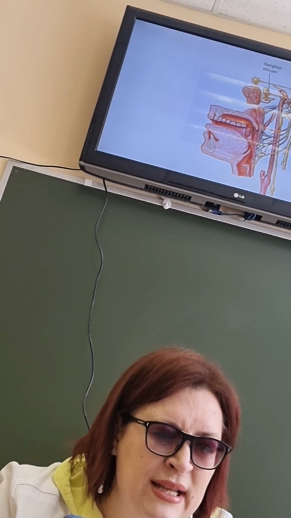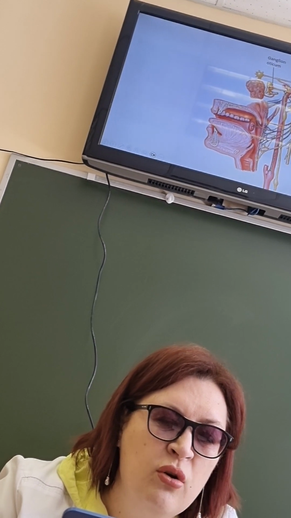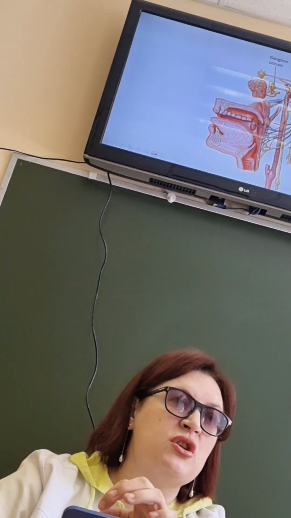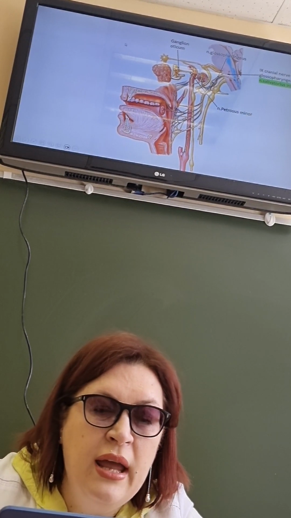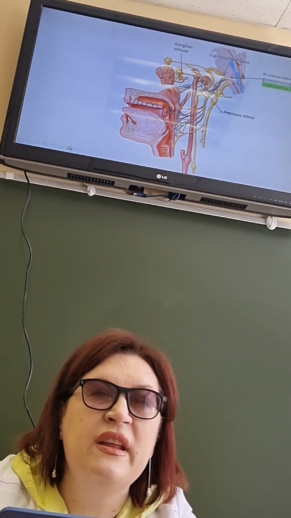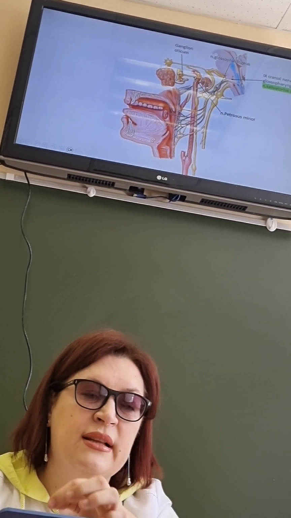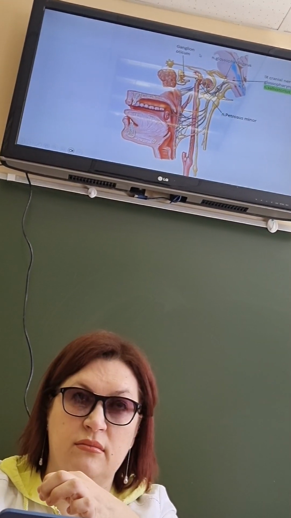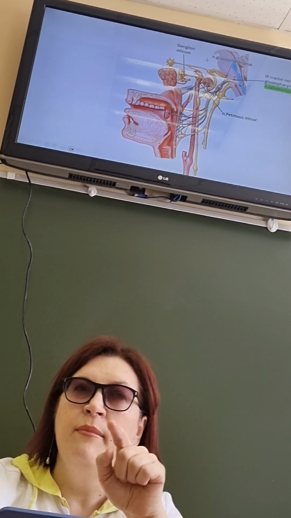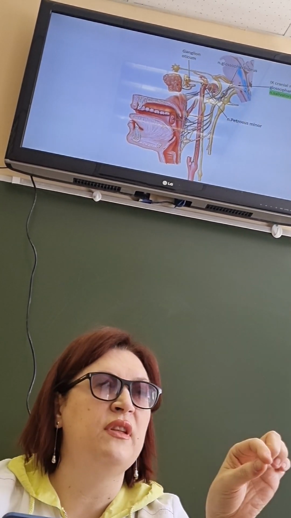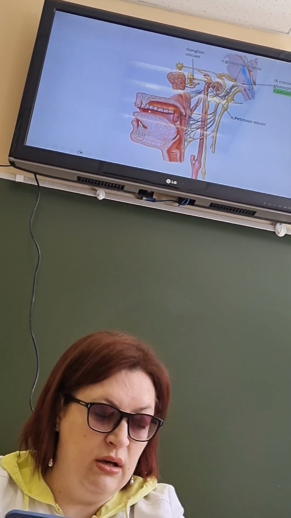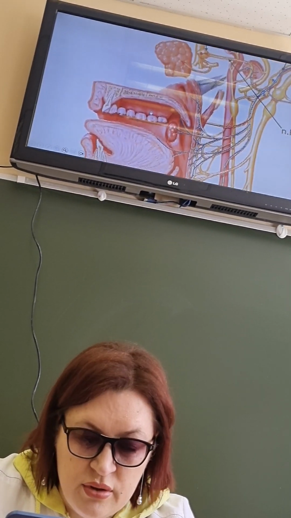Lesser petrosal nerve passes through a special opening, lies in the groove of the lesser petrosal nerve, and goes to the lacerum opening. Inside the lacerum opening we have the otic ganglion. Preganglionic fibers switch to the bodies of the third neurons in the ganglion oticum.